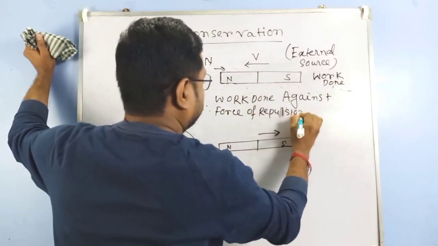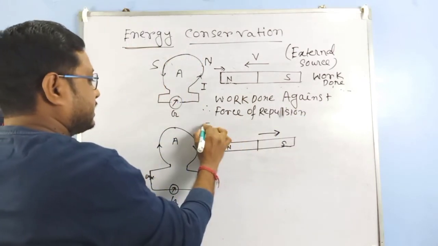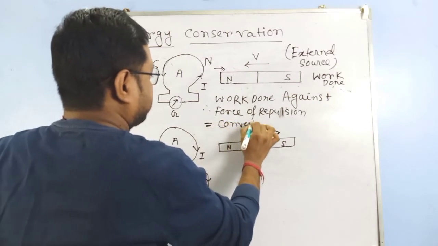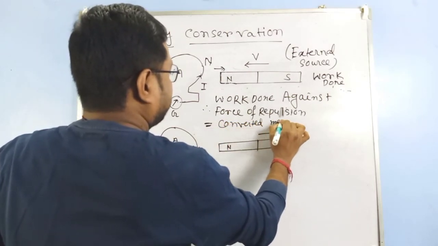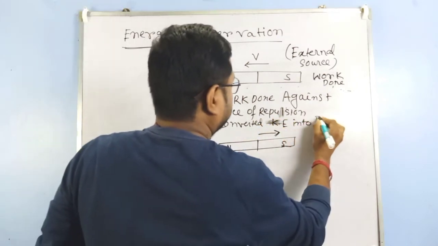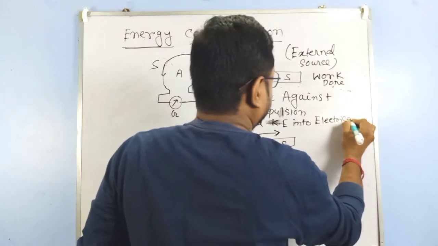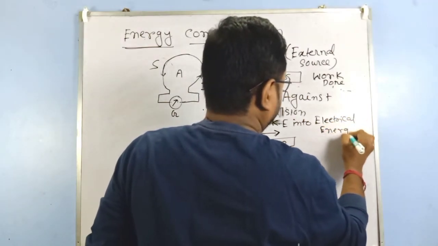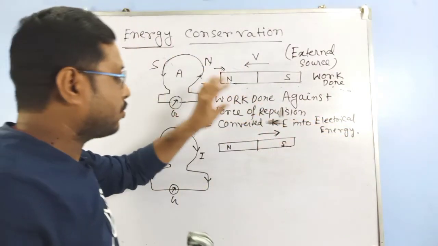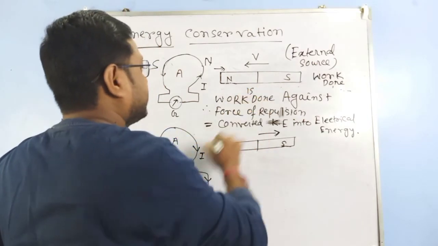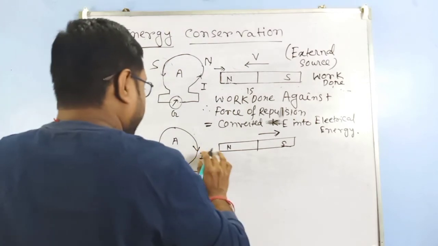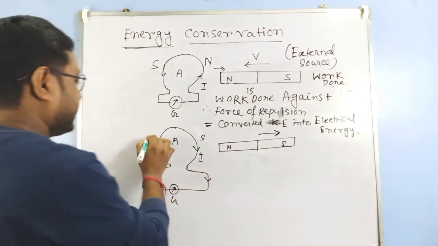The work done against the force of repulsion converts mechanical energy, here kinetic energy, into electrical current or electrical energy. So, here kinetic energy is converted into electrical energy, because work is done against the force of repulsion. Same here, S pole is created and N pole is created.